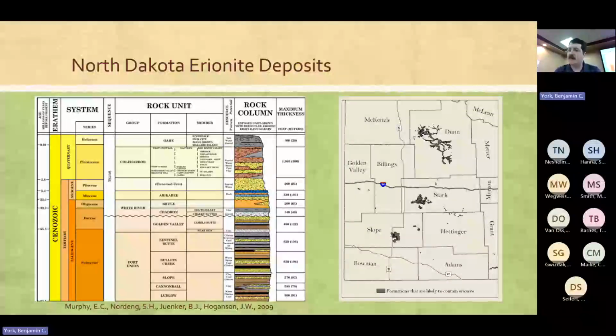PM2.5 is smaller than PM10, and there's a much greater hazard from PM2.5 because it can get deeper into the lungs. Once you weather down this Erionite to a smaller size, it becomes much more hazardous. But that also makes it much more difficult to get a filter to block it. You're almost making it so small that you can't suck any air through. It's almost a solid wall for a filter.